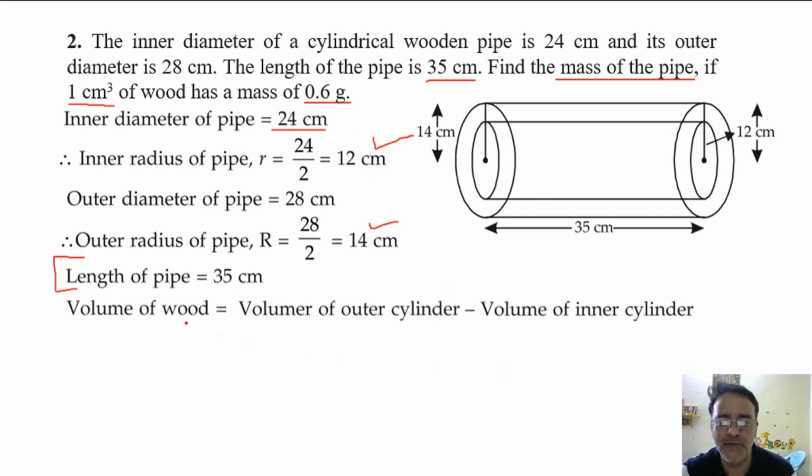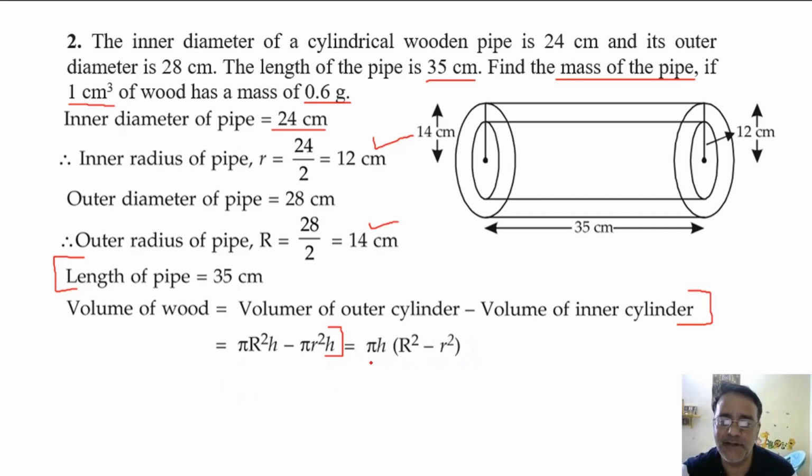So volume of wood will be equal to volume of outer cylinder minus volume of inner cylinder. Is this part clear to all of you? Volume of outer cylinder is pi capital R square h, and this is pi small r square h. We can take common from these two. What can we take? Pi h.